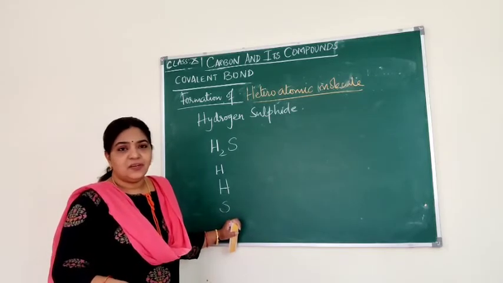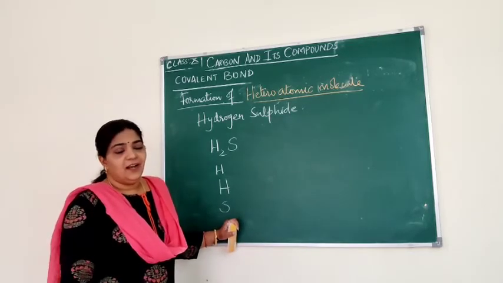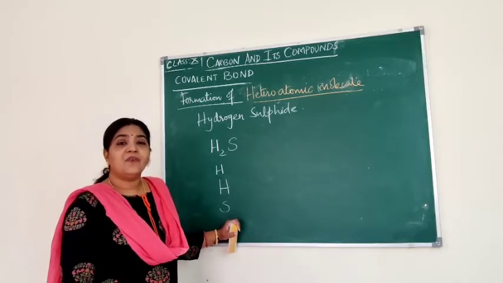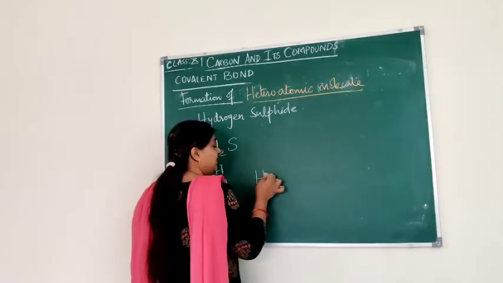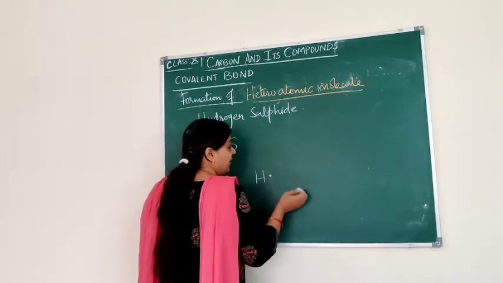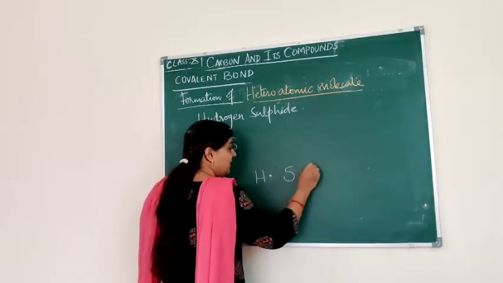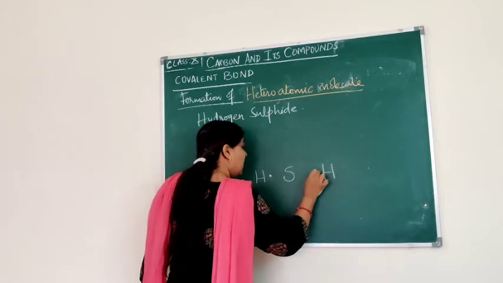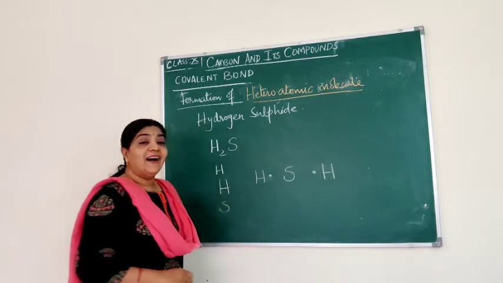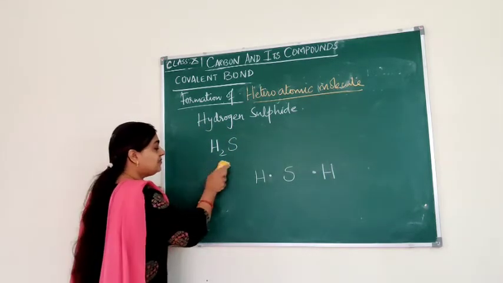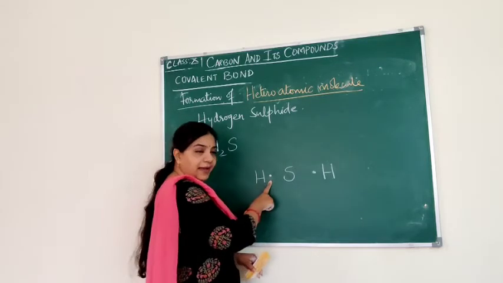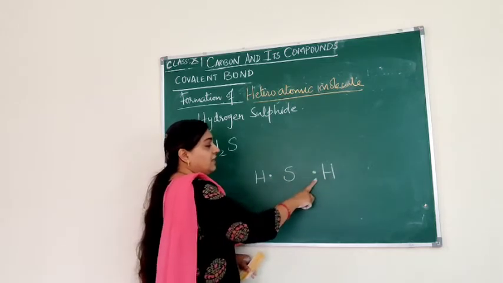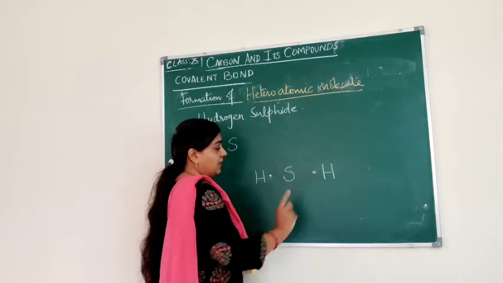Hydrogen will get duplet configuration and sulfur should get octet configuration. So here you should think before writing. This is how we have to arrange the atoms.